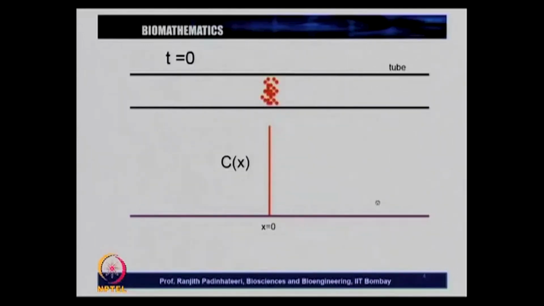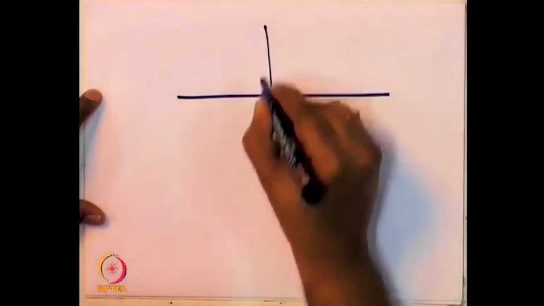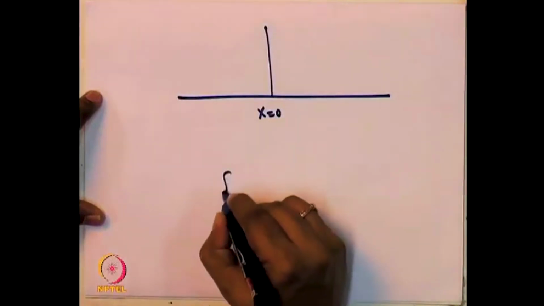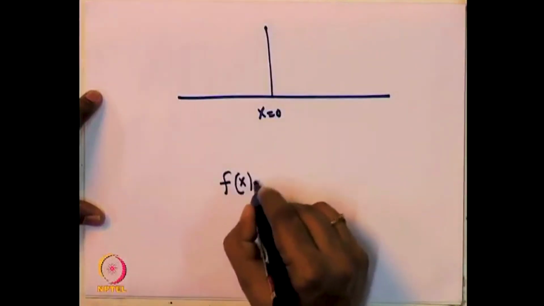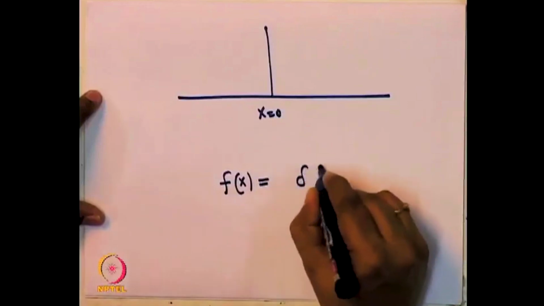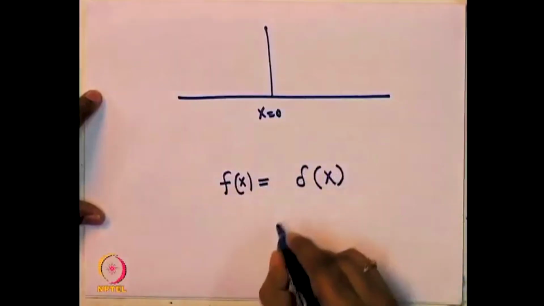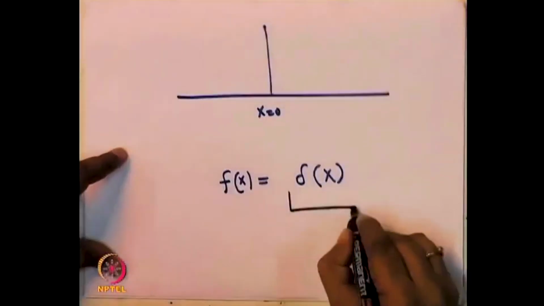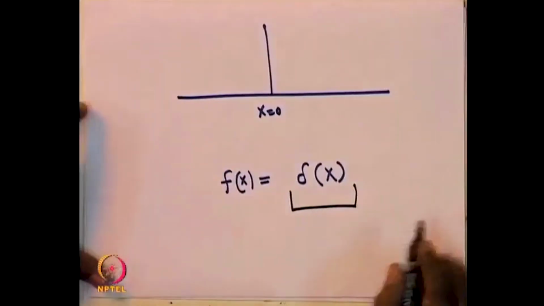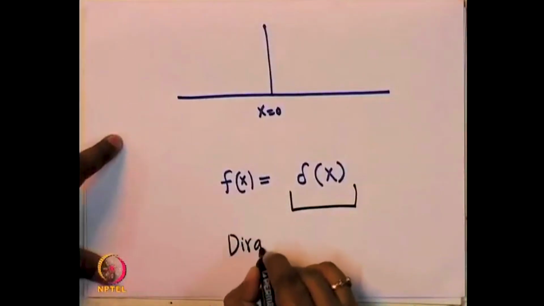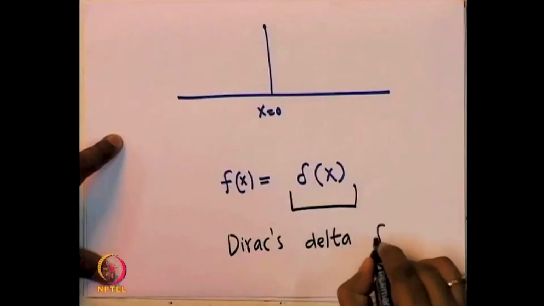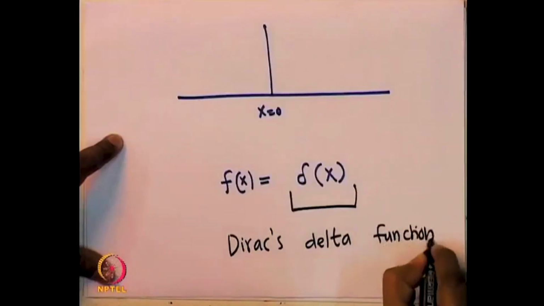The way to show this mathematically is that this function can be written as delta of x. This famous function is called Dirac's delta function.